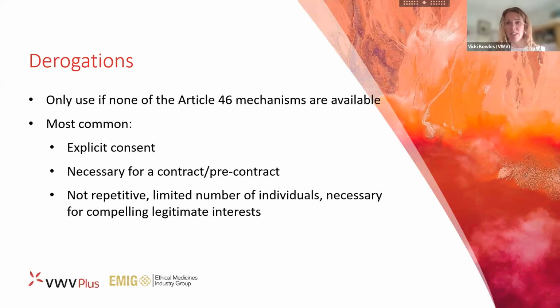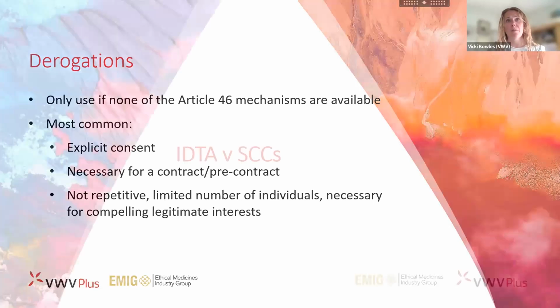So if it really is a genuine one-off, not to be repeated, not a vast number of individuals type of transfer, and you can't do what you're trying to do without this transfer, then this derogation is open to you as a sort of last resort.